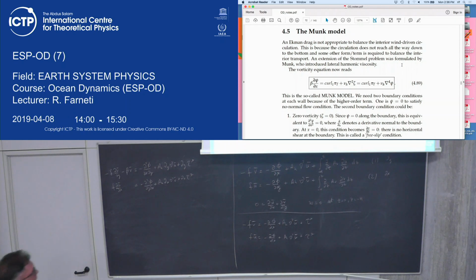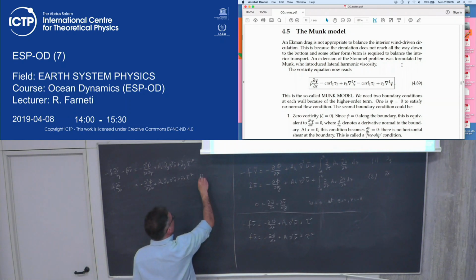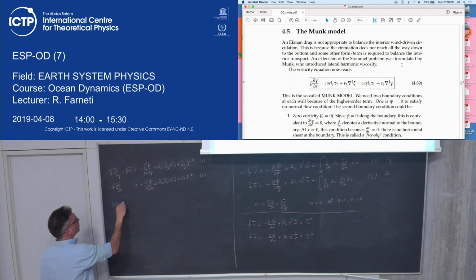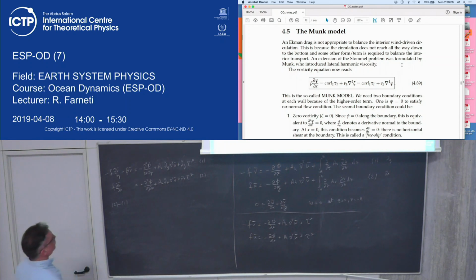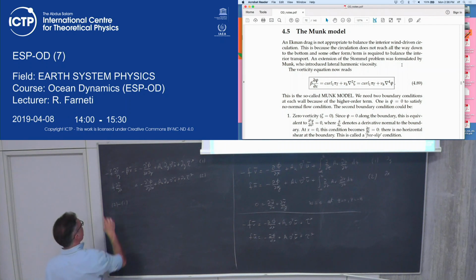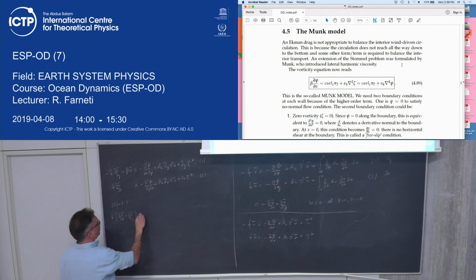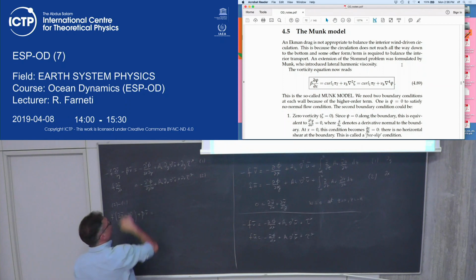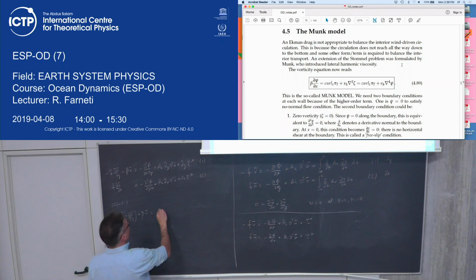So taking the curl now means you do 2 minus 1. Okay, so this minus that one is f d by dx plus dv by dy minus that one, so it's beta v bar. This minus this one goes to 0.